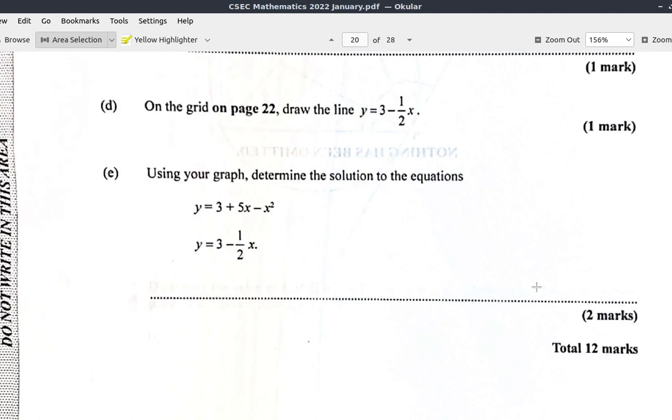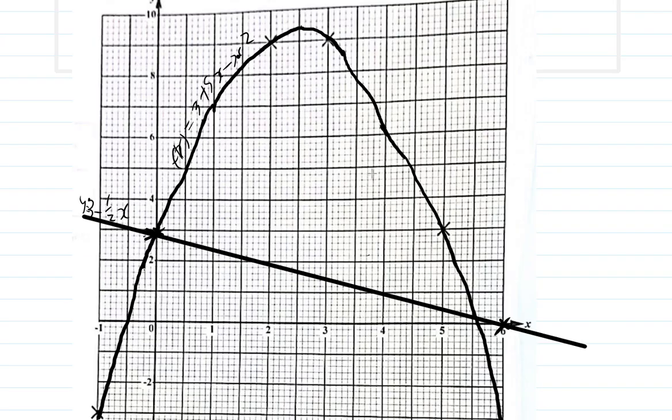Now, after that, using your graph, determine the solution of the equation y equals 3 plus 5x minus x squared and y equals 3 minus half x. You could call this y2, you know.